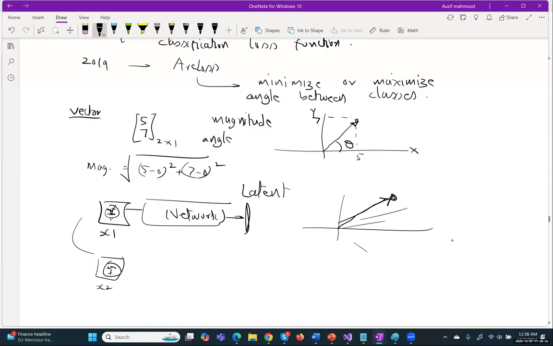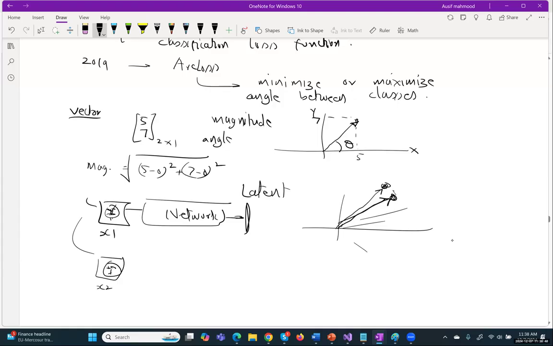Previously, what were we doing? We were saying this distance will be reduced. But the problem with the distance is, let's pretend this picture was taken in slightly different conditions, where the background was different, lighting was different.